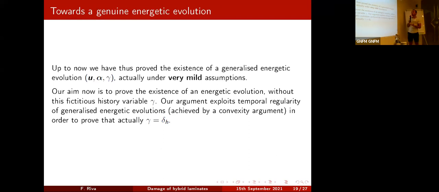And so we wanted to understand in which cases we could really obtain the equality between this fictitious variable gamma and the proper history slip delta H, in order to recover a genuine energetic evolution in which the only variables are displacement and energy.